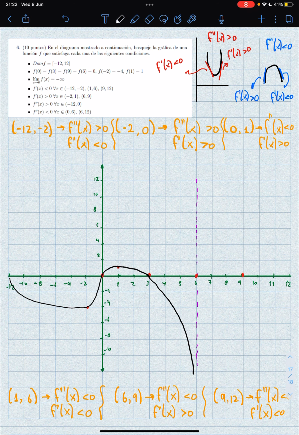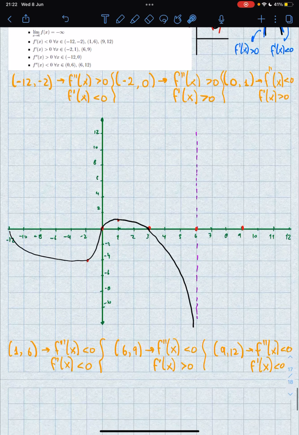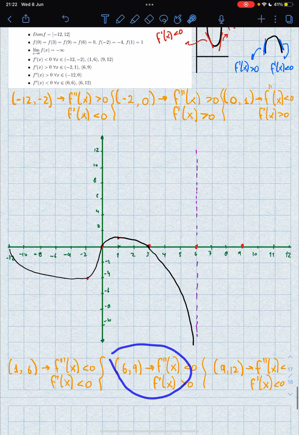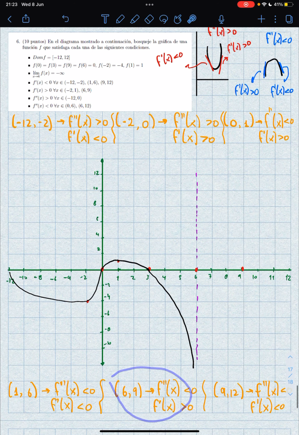No problem at all. So what are they telling me? They're saying to me that from 6 to 9, the second derivative is gonna be less than 0. It's gonna be probably something like this.